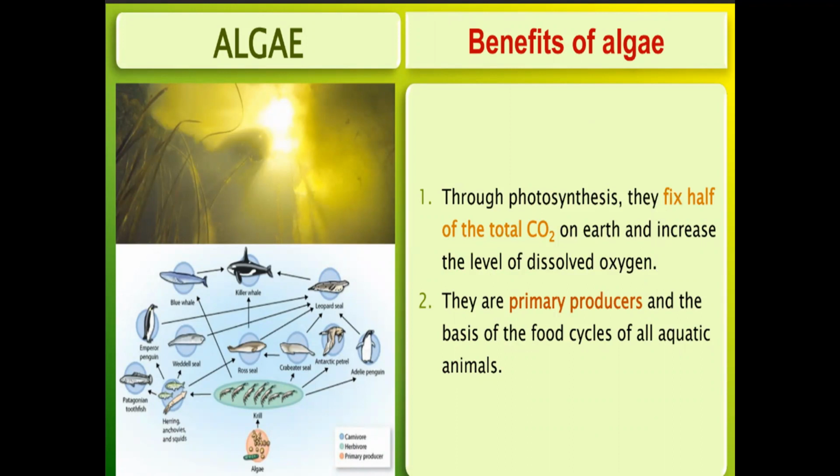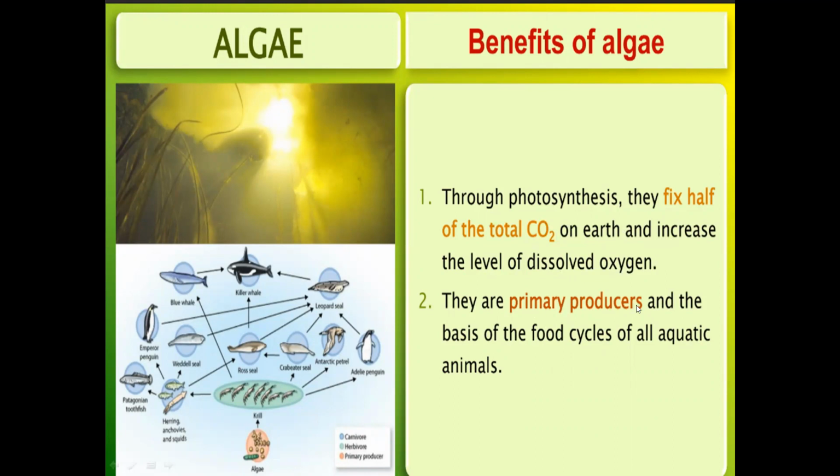They will absorb carbon dioxide. Why is only dissolved oxygen given? Because they are aquatic, in the water. So in the water, they will increase the oxygen, and mostly from the earth, they will take the carbon dioxide.